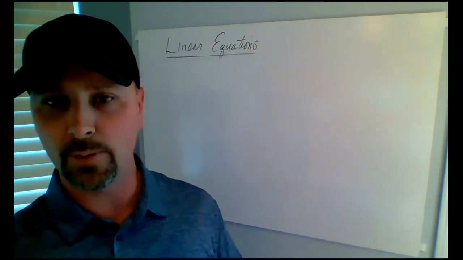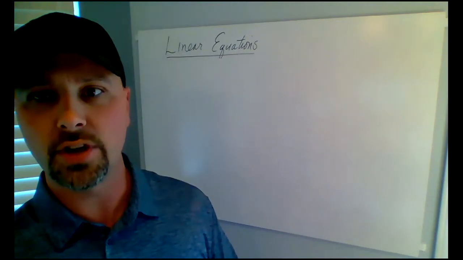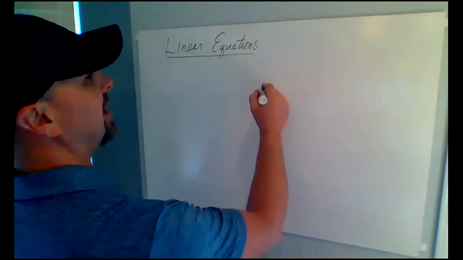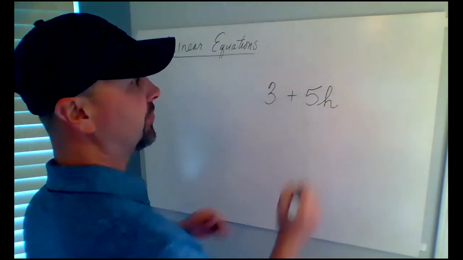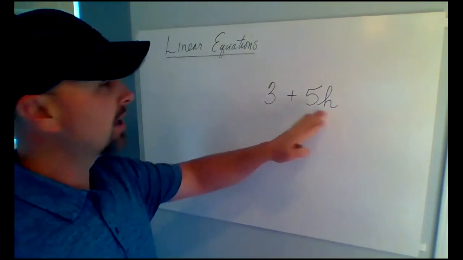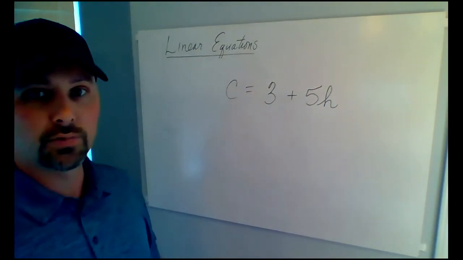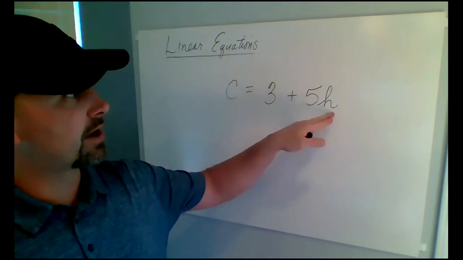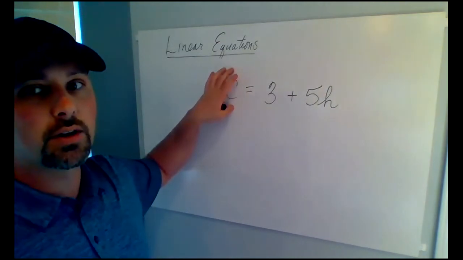So no matter how many hours she works, she's getting $3 up front plus $5 per hour. So I'm going to write that out as $3 plus $5 for every hour. Okay, this represents the cost for her to babysit. It's going to be $3 plus $5 times the number of hours. So as the hours go up, so does the cost.